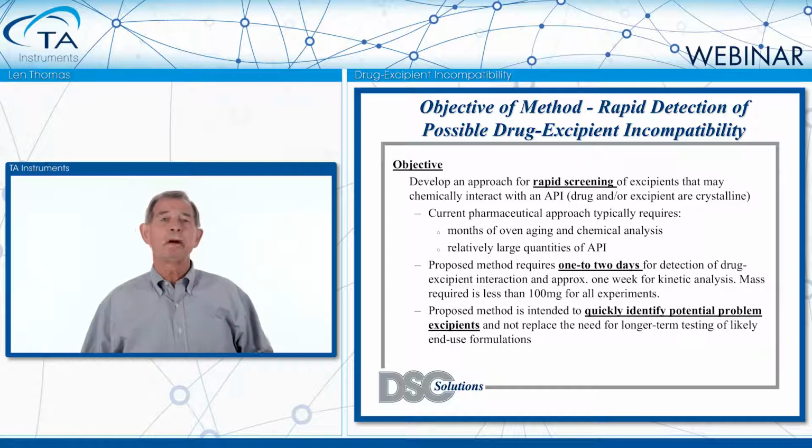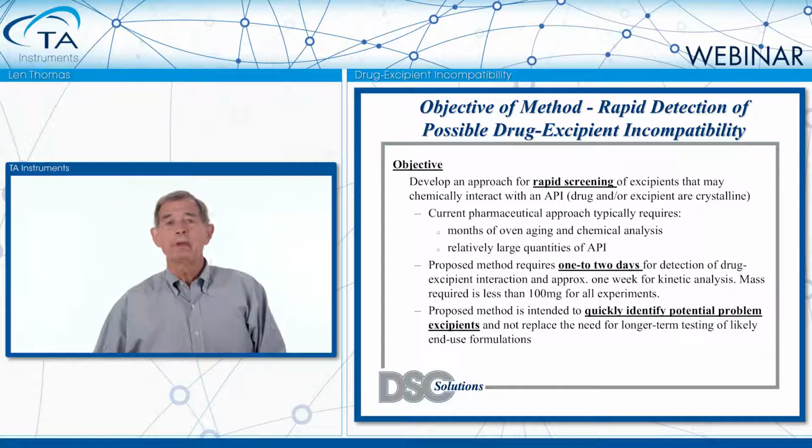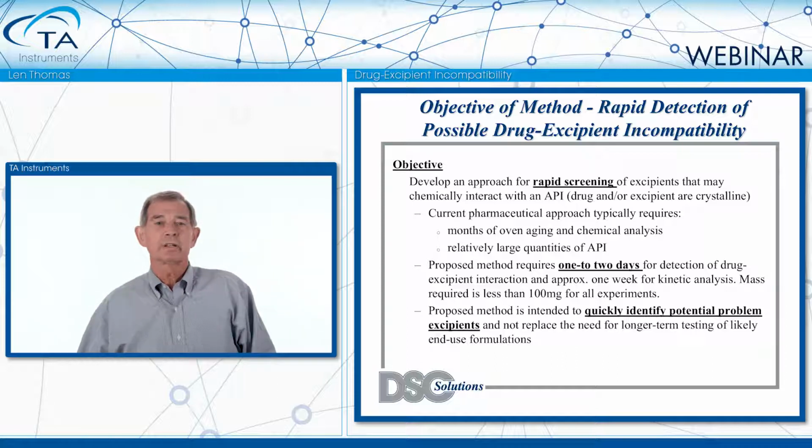So we're talking about tying up ovens and analytical equipment for months at a time to detect drug-excipient incompatibility using current technology. The proposed method can be done in 1 to 2 days, and that 1 to 2 days would be to run the drug, run the excipient, and I'll be illustrating this, to determine whether there's some kind of interaction occurring.